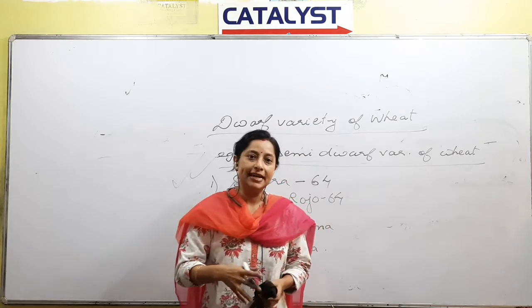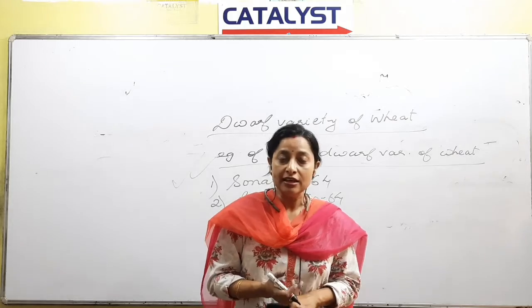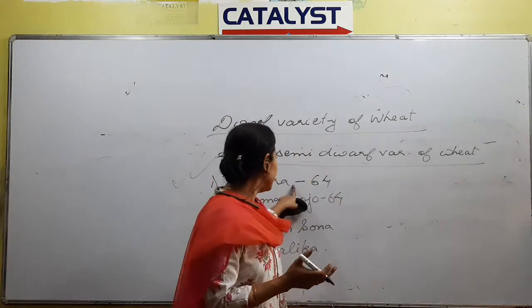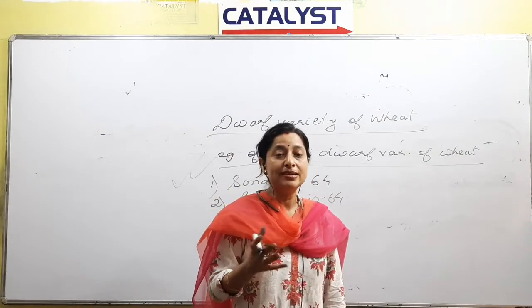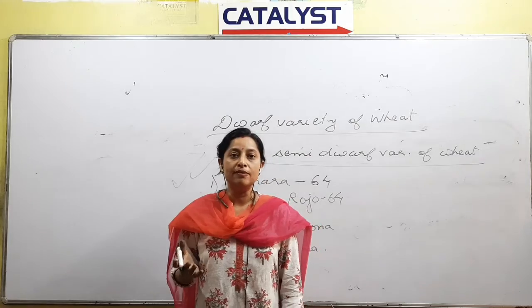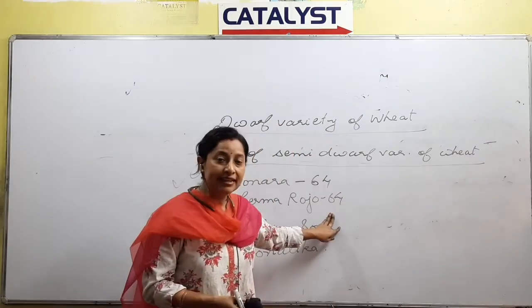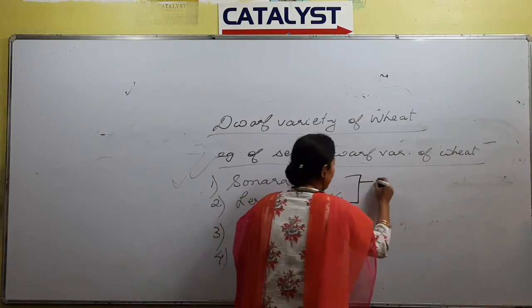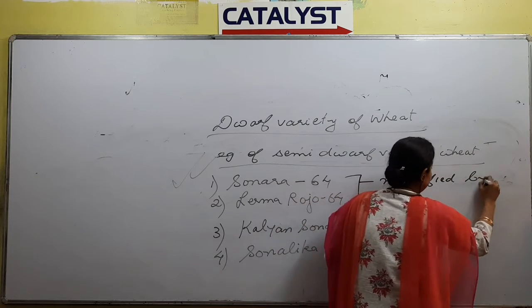They took them to India so that they could grow, but they saw that as far as Sonara 64 and Lerma Rojo 64 are concerned, they could grow in Mexican environmental conditions but could not grow in India. So in order to make them grow in India, they modified them. So these two were modified by gamma radiations.